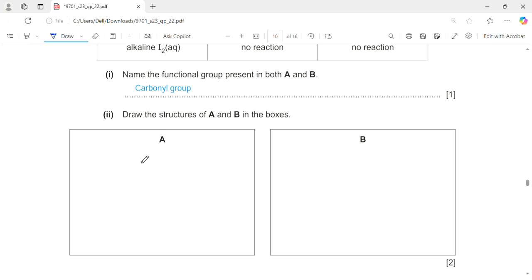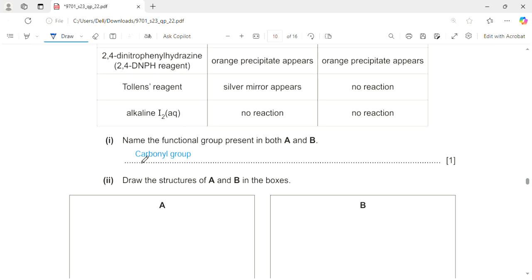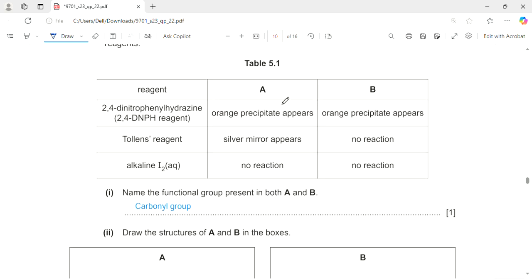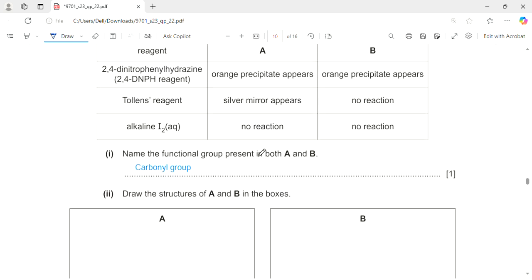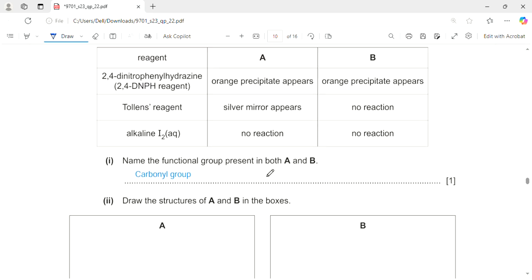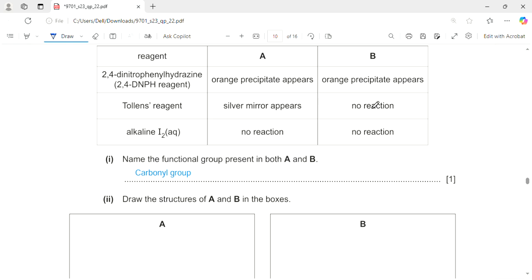We know that A must be an aldehyde and B must be a ketone, because of the observations in this table. A must be an aldehyde because a silver mirror appears, and B has no reaction with the Tollens' reagent. But they both show the orange precipitate. So B must be a ketone and A must be an aldehyde.